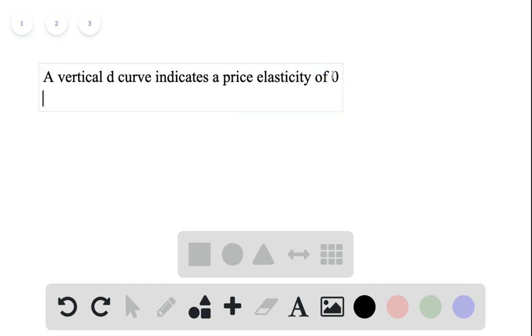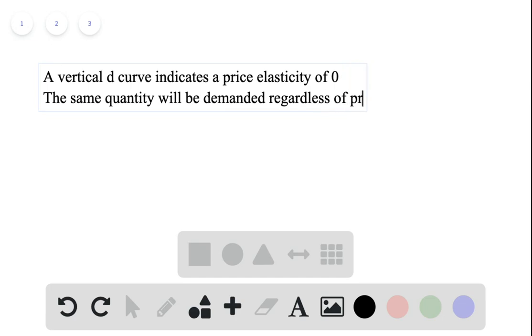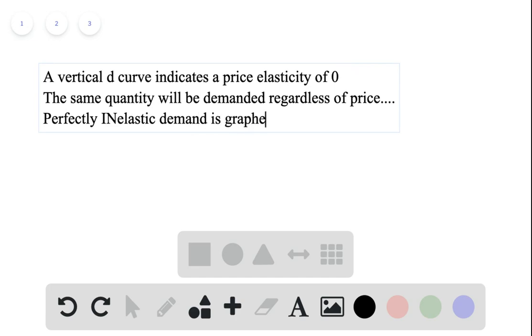What this means is that the same quantity will be demanded regardless of price. Perfectly inelastic demand is graphed as a vertical line. So this is a situation where no matter what price increases occur, you're still going to want or need the same amount of a thing.